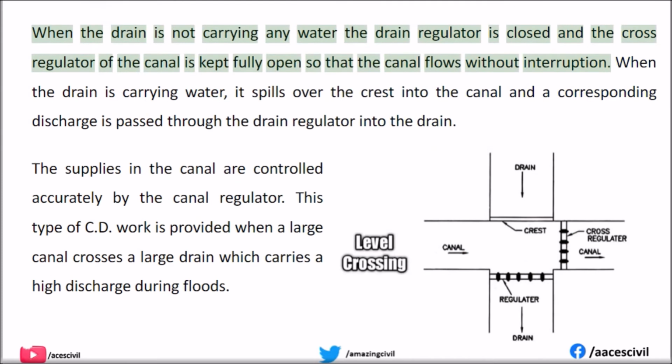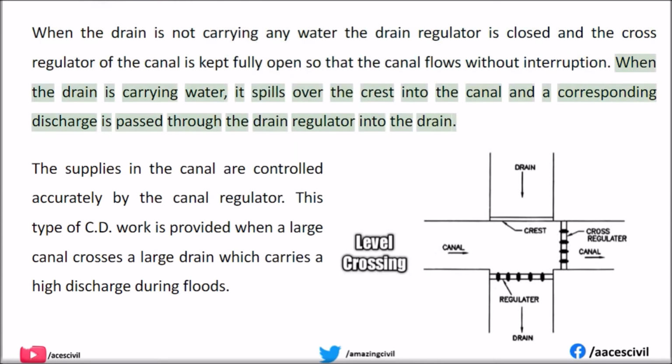When the drain is not carrying any water, the drain regulator is closed and the cross regulator of the canal is kept fully open so that the canal flows without interruption. When the drain is carrying water, it spills over the crest into the canal and a corresponding discharge is passed through the drain regulator into the drain.